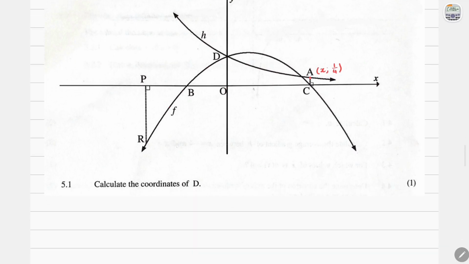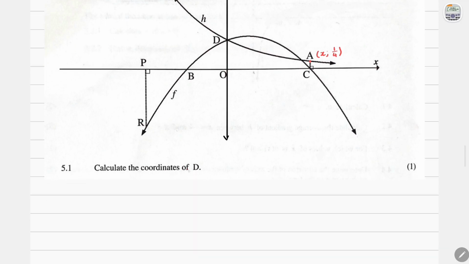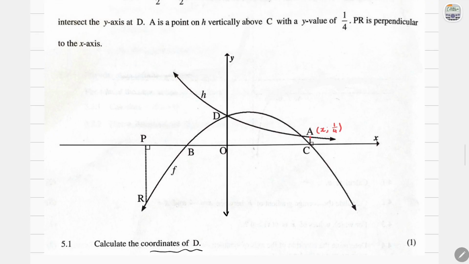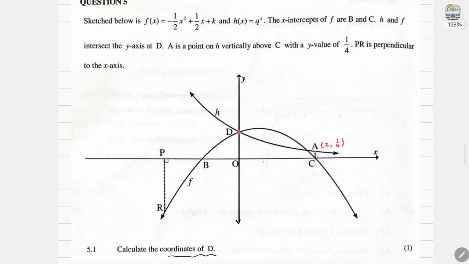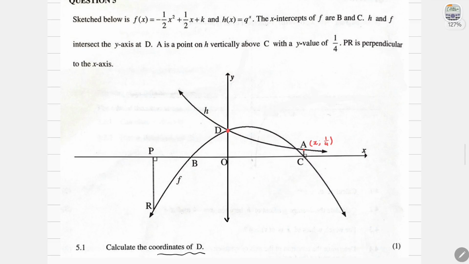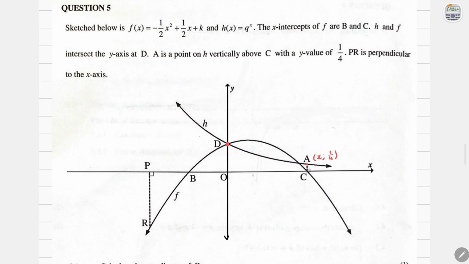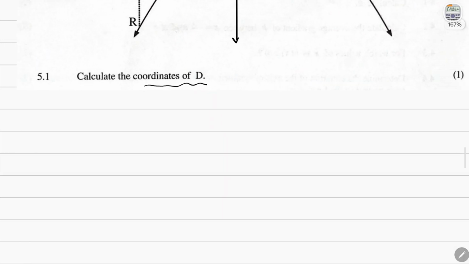The first question is calculate the coordinates of D. So where is D? D is specifically the y-intercept of the graph of h and f. Do you see that f is not complete? k is missing, so we can't really look at that y-intercept from there. We're going to have to rely on h. h you can still find because of the way it has been written. h of x is simply q to the power of x.